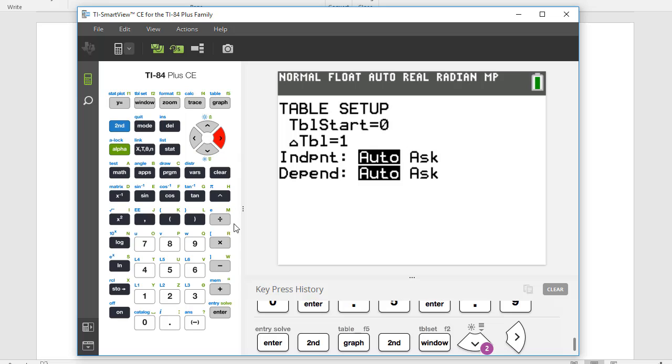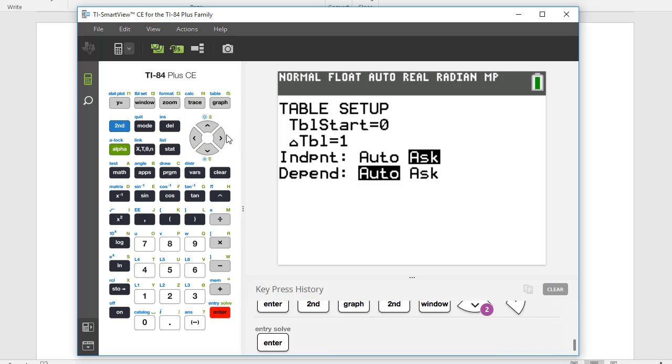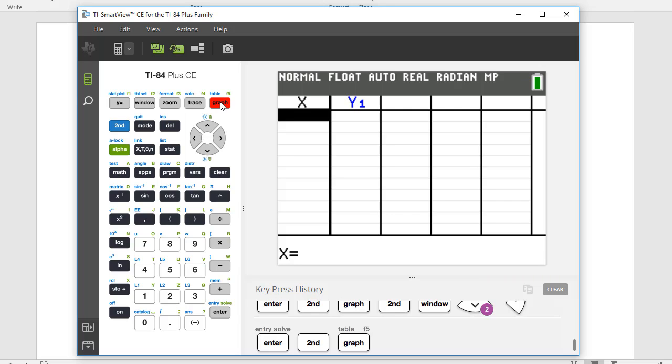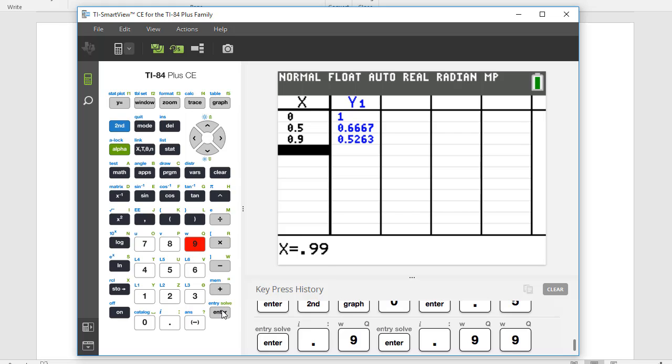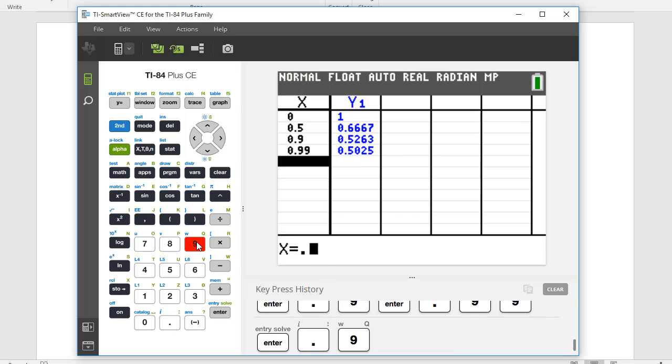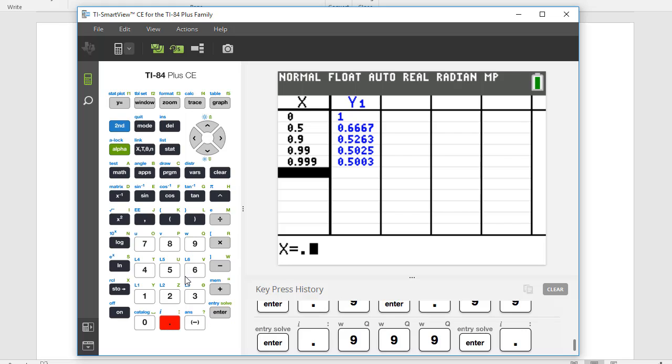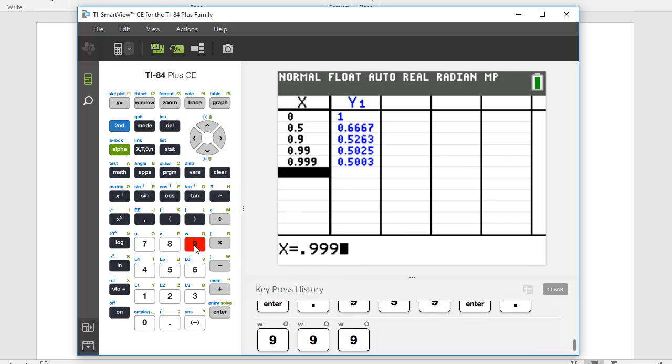But what I'm going to do in this case is change the independent variable to be ask. So when I go back to table, the x's are blank, and I'm going to plug x's in, right? So here I can type 0, hit enter, 0.5, hit enter, 0.9, hit enter, 0.99, hit enter, and then I can continue as far as I need to go, and then it's filling that table in for me, right, as I do that, 0.9999, so on and so forth.